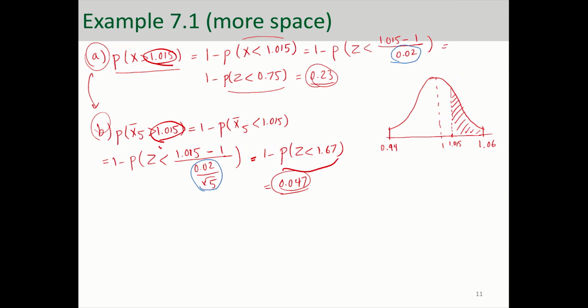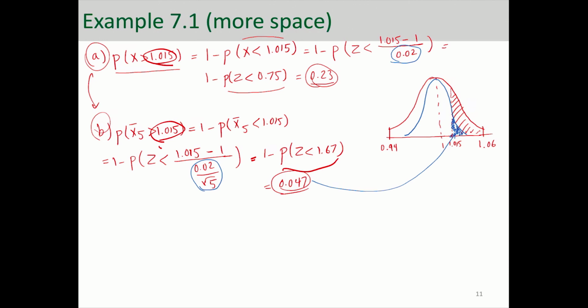So now we have a smaller standard deviation. The distribution of x bar 5 is essentially a little narrower. And what we calculated here is this area for that distribution, right? That's why the probability went down, because that area is obviously smaller than the area we calculated in part A.